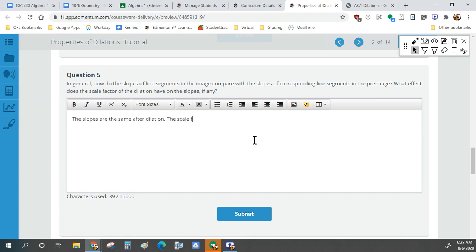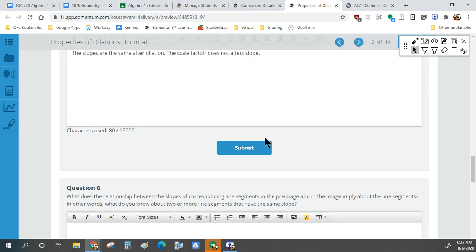The scale factor does not affect slope. Minor English lesson here. An effect is something that you can see. Affect is a verb. So an effect, noun, affect is verb. How is it affecting it? It does not affect it.